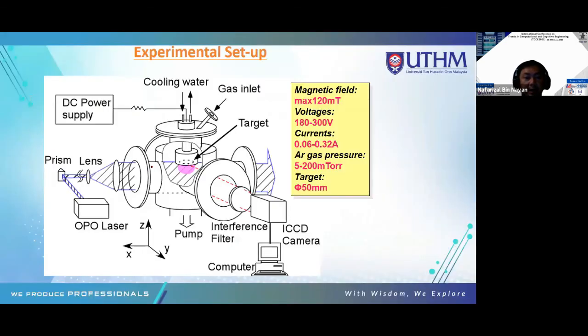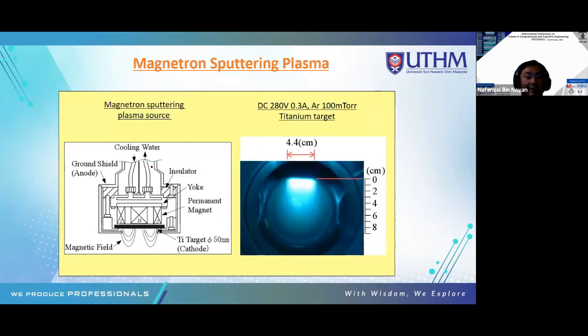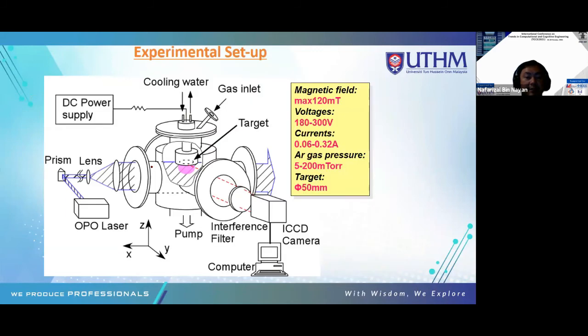Another complex tool to investigate the plasma is called laser-induced fluorescence spectroscopy. We create a plasma at the center here and inject the laser. This is the alignment of the laser.